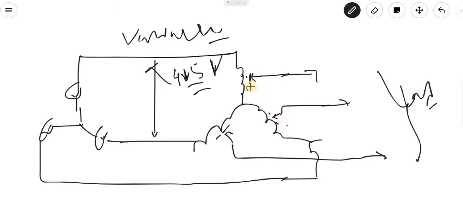It is the same for all three phases to get a balanced supply. The phase voltages will also be the same, and they should be 120 degrees apart, all three phases.